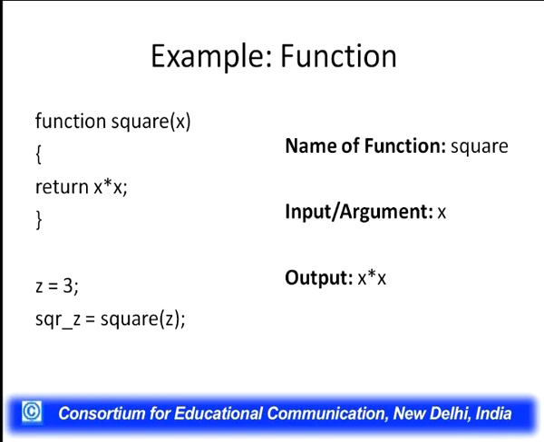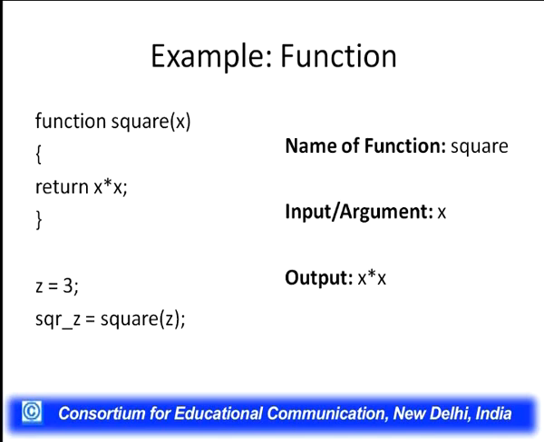In the lower lines you can see how the function has been invoked. We have declared a simple variable z equal to 3, and in another result variable, square_z, we are calling that function using the argument z. In this case the function will take z as the parameter.